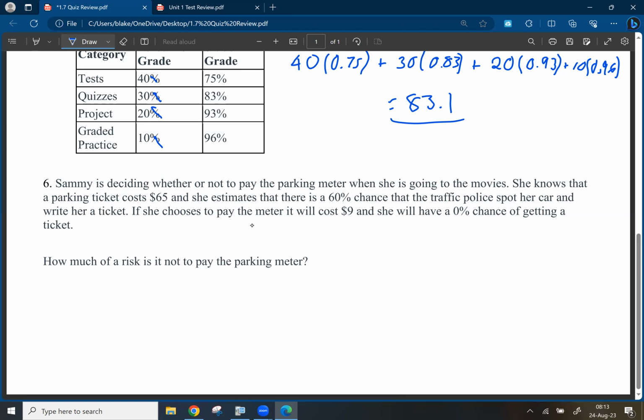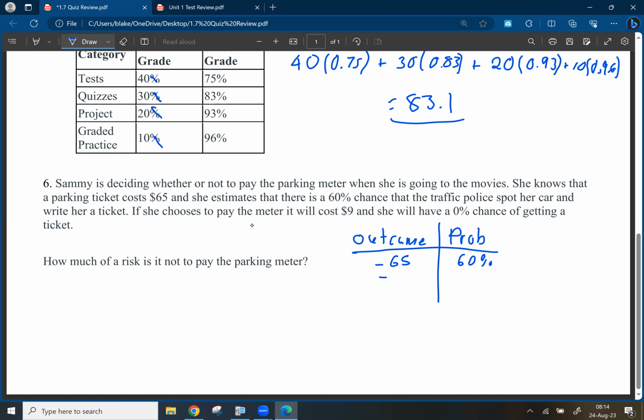All right, so let's look at the outcomes, and the probability of each. One outcome is she gets the ticket and she pays $65 for the ticket. The probability of that happening is a 60% chance if she runs the risk.